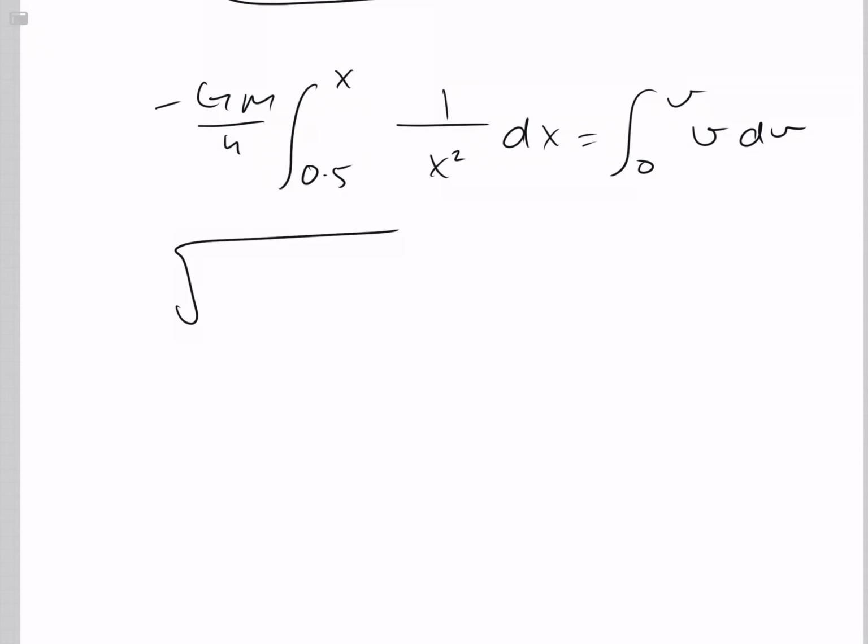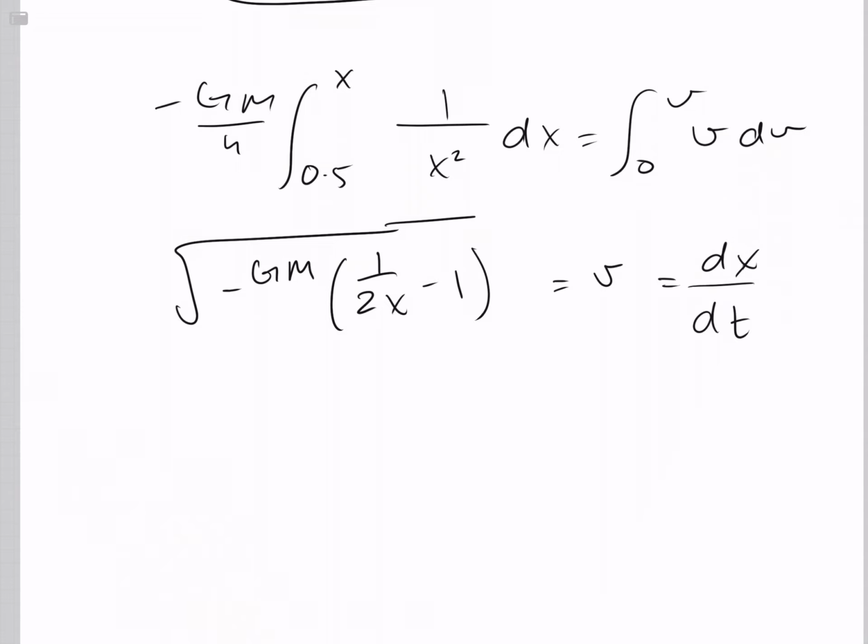Integrating it, we get negative Gm times (1 over 2x minus 1), and I have simplified it a little bit, and it equals v squared. And what we know is that v equals dx/dt.